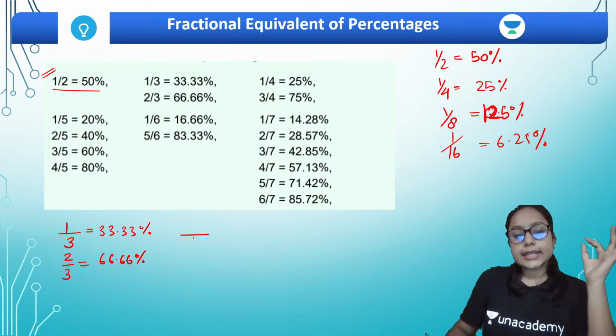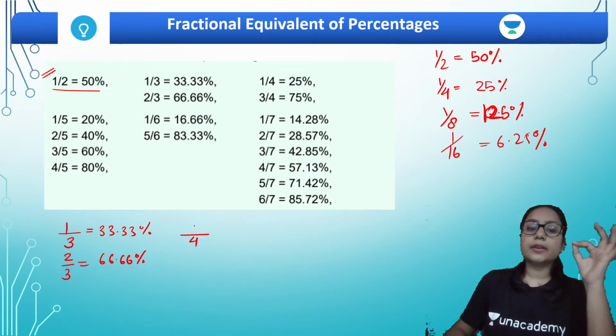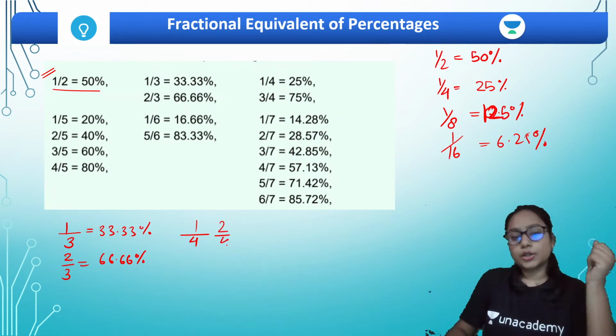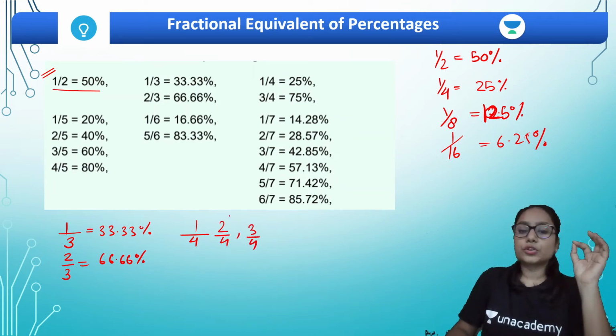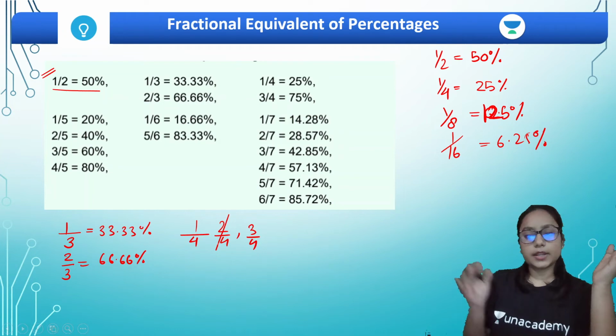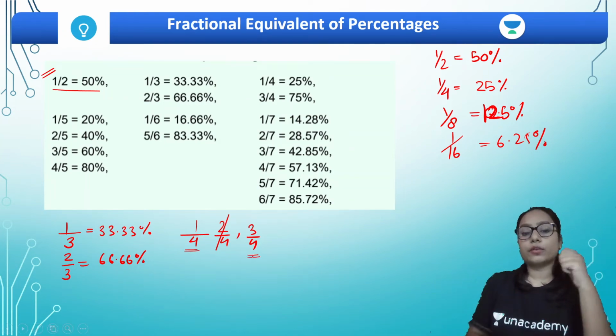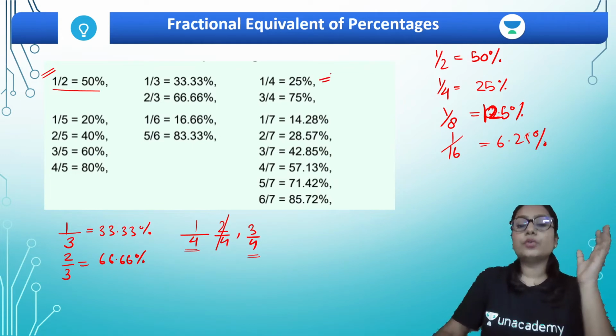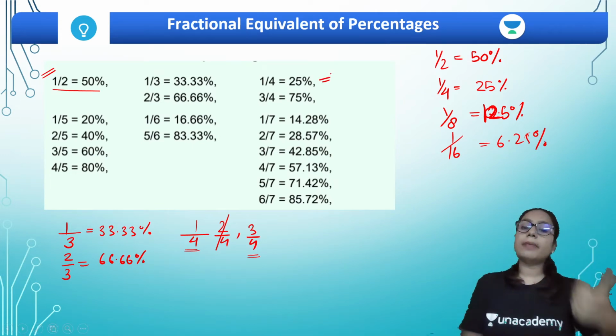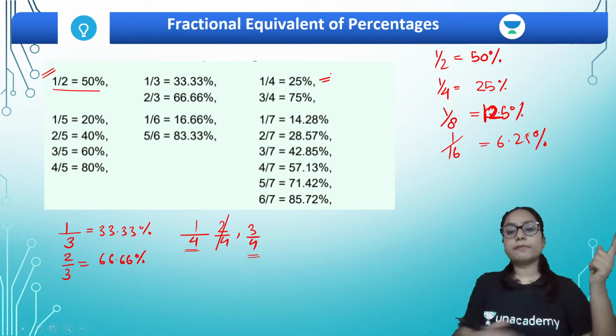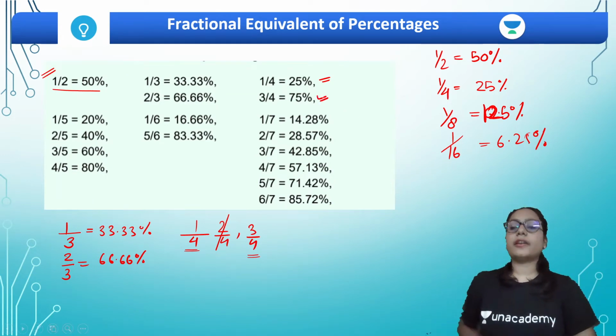Now let us see if the denominator is 4. Possible values are 1 by 4, 2 by 4 and 3 by 4. 2 by 4 is equal to half, so no need to learn. 1 by 4 is equal to 25%, so 3 by 4 will be 3 times 25%, that is 75%.